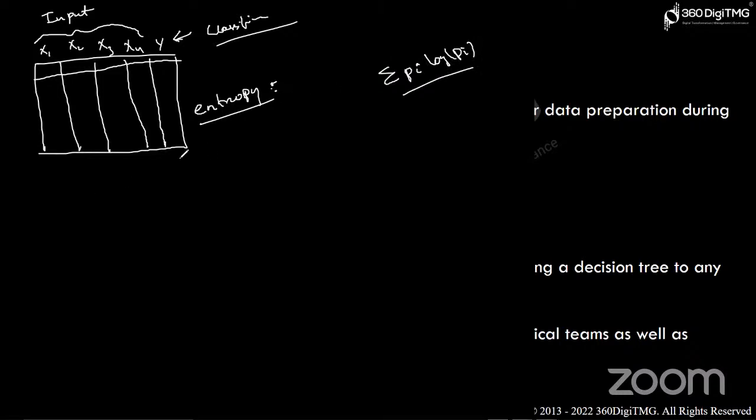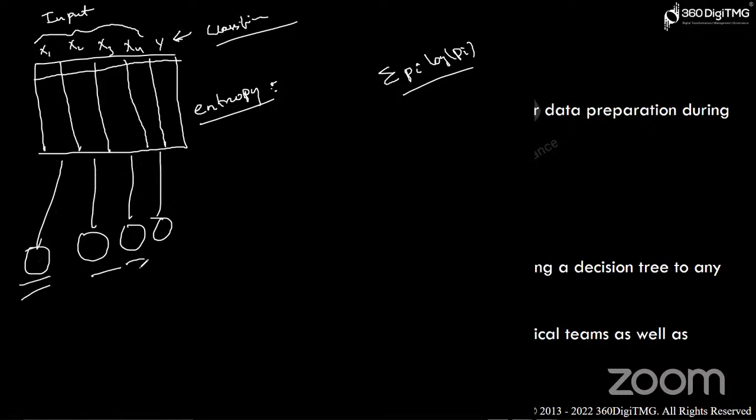we will find which of these attributes will give us a split with the highest information gain. So we will calculate the information gain. If we use this as our attribute and split, how much information gain does it have? Then we will test x2, then x3, then x4.